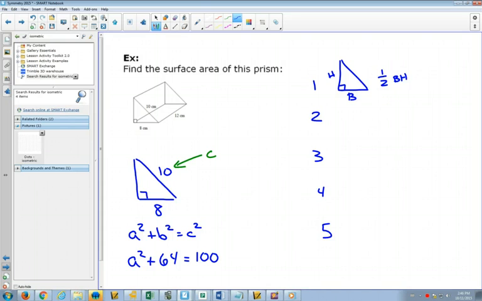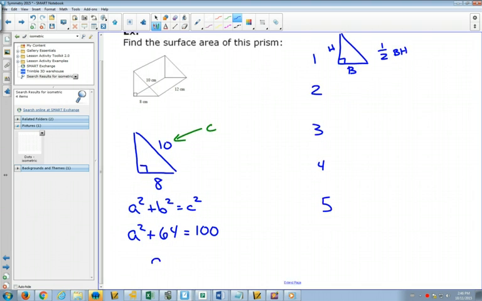So now we have to figure out what a squared has to be. Can you see that a squared has to be 36? Because that's what would add up to make 100. And then if something times something is 36, then a has to be what? What times what is 36? 6.